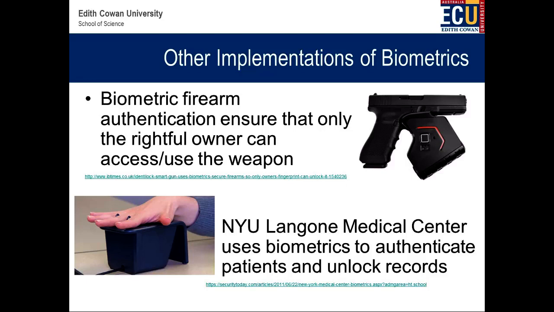NYU Langone Medical Center in the United States has been using biometrics for quite some years to authenticate patients and unlock their records. The main idea behind this concept is that a person who is unconscious, who is unable to give proof of authentication, perhaps after an accident, reaches the hospital, and the doctor needs the patient's medical records in order to give some medication or start looking into the issues the patient is going through.